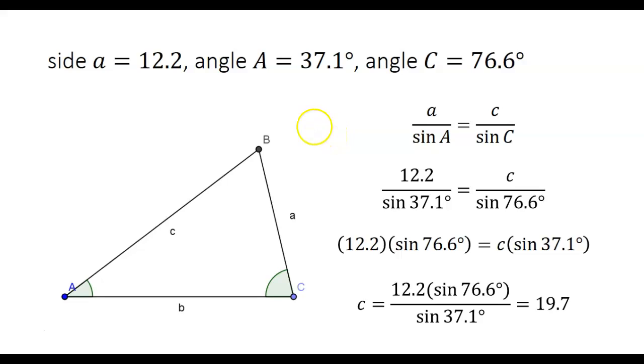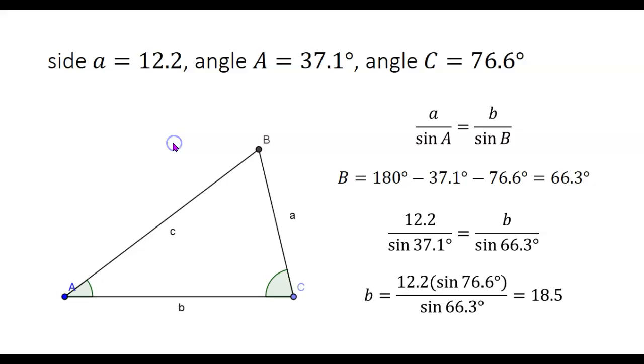Oh, well, remember, with any triangle, all three angles have to add up to 180 degrees. So if you know two of them, you can work out what the third angle is. So in this case, angle B is 180 degrees minus 37.1 degrees for A, minus 76.6 degrees for C, and that comes out to be 66.3 degrees.